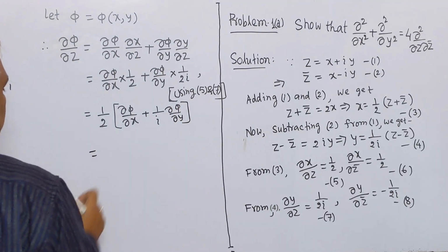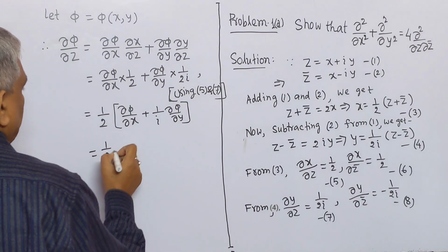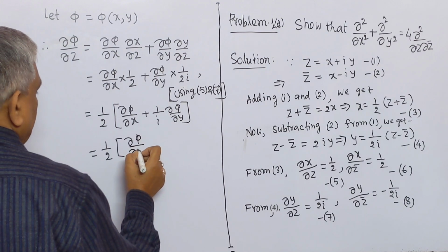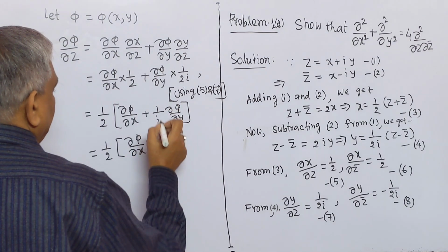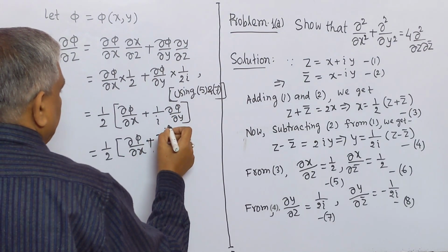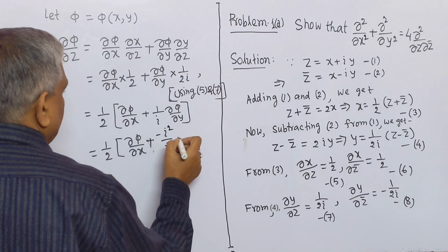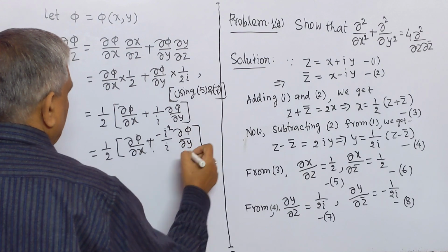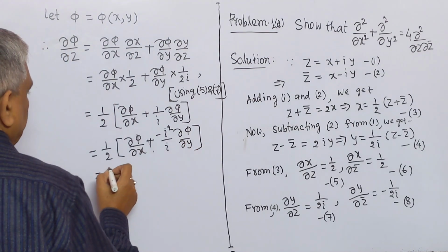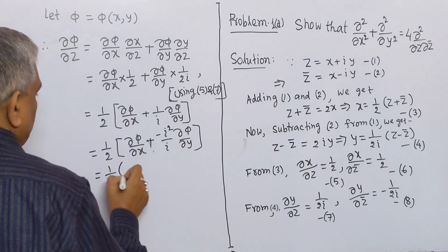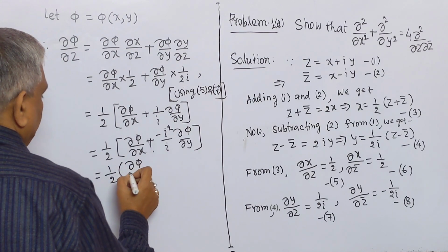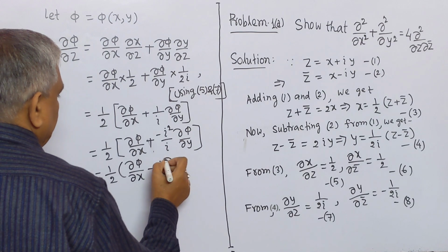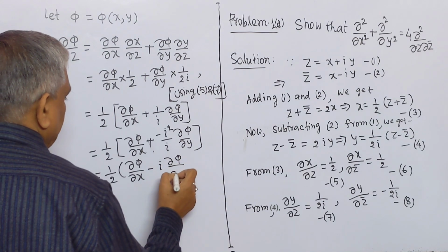This is equal to half del phi by del x plus 1 means minus i square by i del phi by del y. This is equal to half del phi by del x minus i del phi by del y.